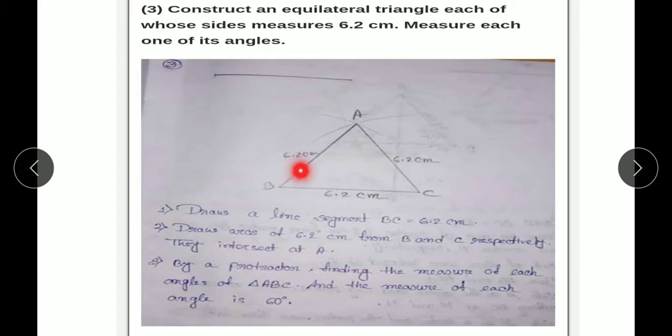We clearly know from the angle sum property that the sum of all three angles of a triangle is 180 degree, and in an equilateral triangle all angles are equal, so 180 divided by 3 gives 60 degree. By the help of protractor we find that all three angles are equal to 60 degree.